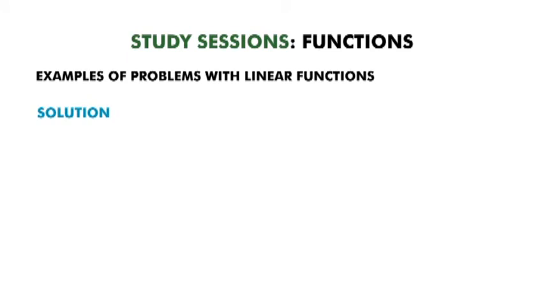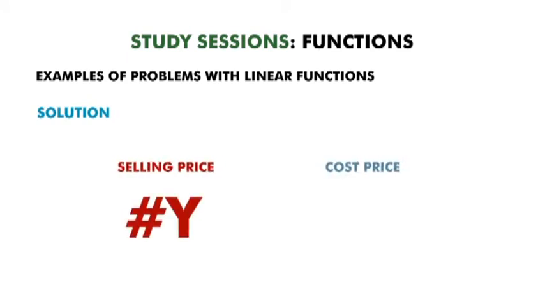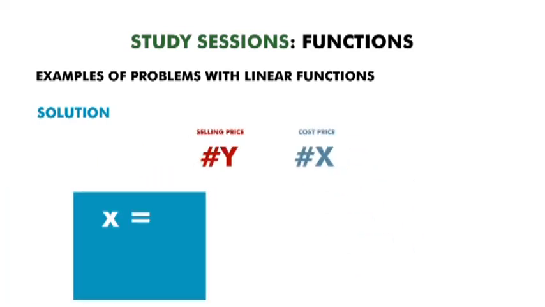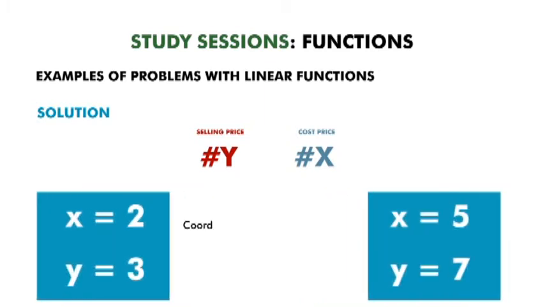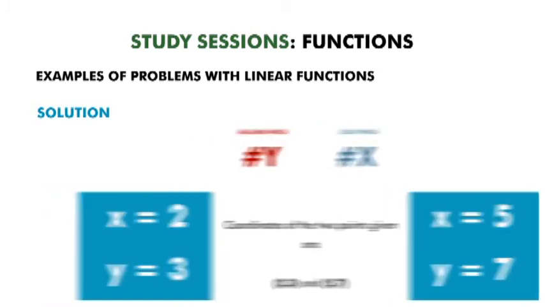Solution. Let us represent the selling price per unit by naira y and the cost of an item by naira x. When x equals 2, y equals 3, and when x equals 5, y equals 7. This means that the coordinates of the 2 points given are (2, 3) and (5, 7).